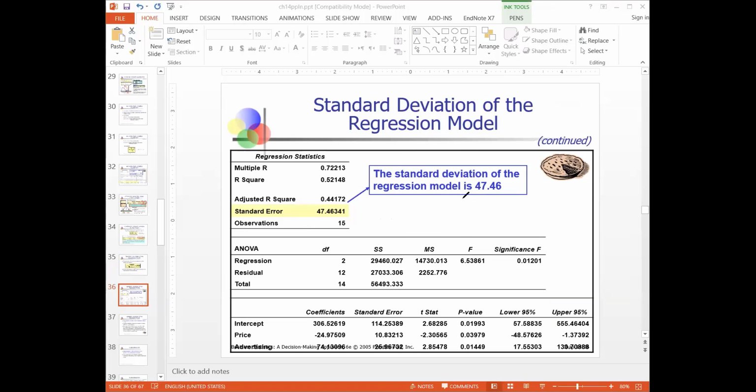These are calculated from the prediction errors. So the bigger the number, the more errors you will expect in the model. If you want to make sure that there are fewer errors, you have to make a model which has a smaller standard deviation.